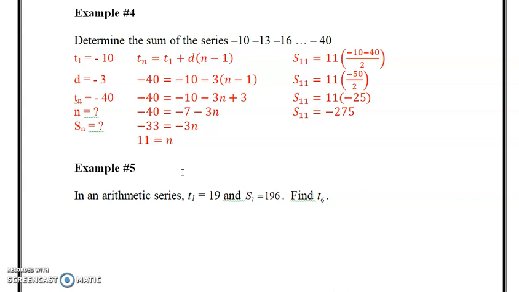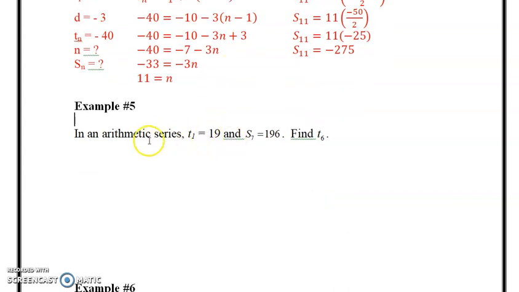Let's look at example number 5. It says in an arithmetic series, the first term is 19, the sum of 7 terms is 196, find the sixth term. So the general term, the sixth term is what we're looking for. Again, I'd like to write down my information, what we have.